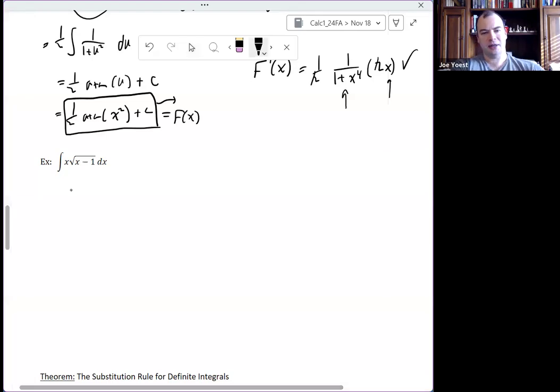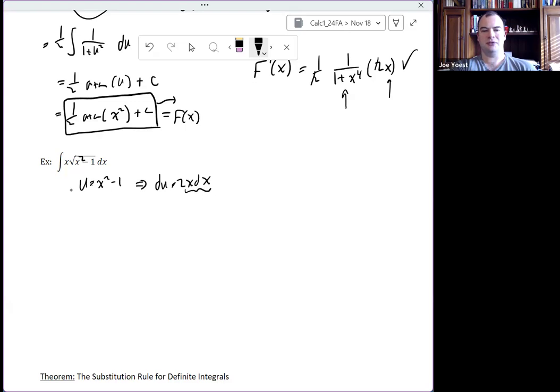If I had a square there, I know that u equals x squared minus 1. du is 2x dx. Again, this factor of 2 can easily be fixed, but this x dx is the main thing that I see that I've got here. This is just going to turn into something like integral square root of u du, more or less, right? We'll need a 1/2 here, but I know that I can solve an integral like that.